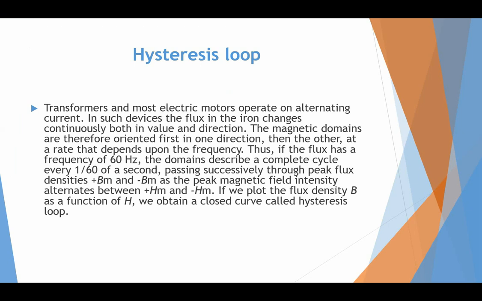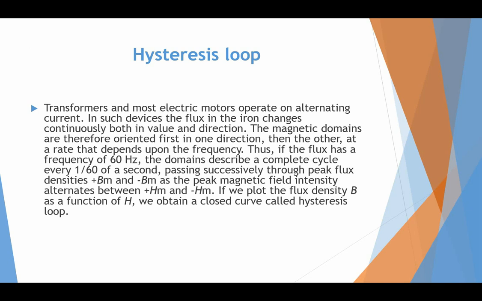Transformers and most electric motors operate on alternating current. In such devices, the flux in the iron changes continuously, both in value and direction. The magnetic domains are therefore oriented first in one direction, then the other, at a rate that depends upon the frequency.